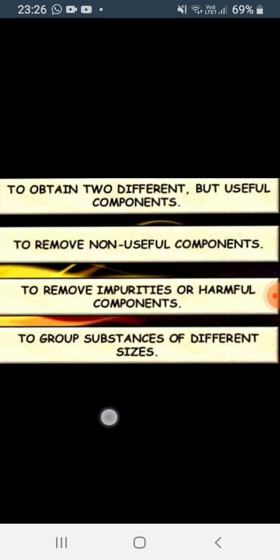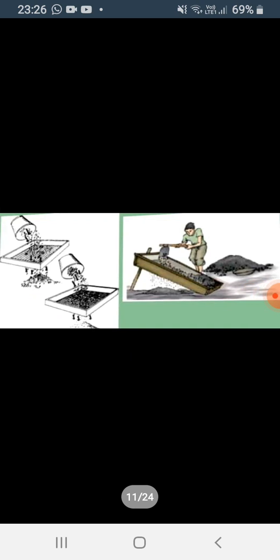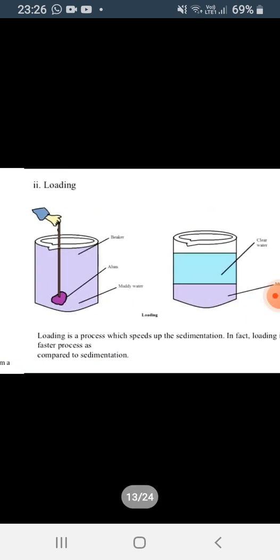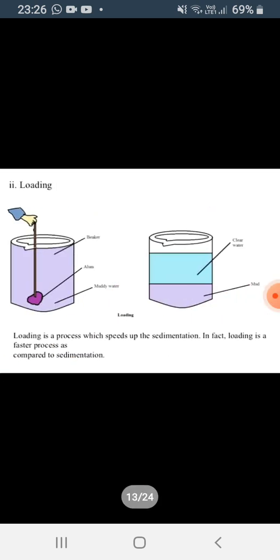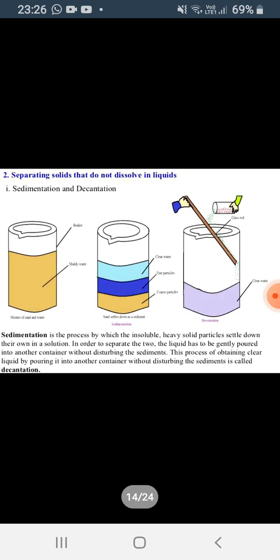There are different methods for different components depending upon the property of the component. For that we have discussed hand picking method, threshing, winnowing, sieving, and today we are going to discuss sedimentation, decantation, filtration, evaporation, and condensation.